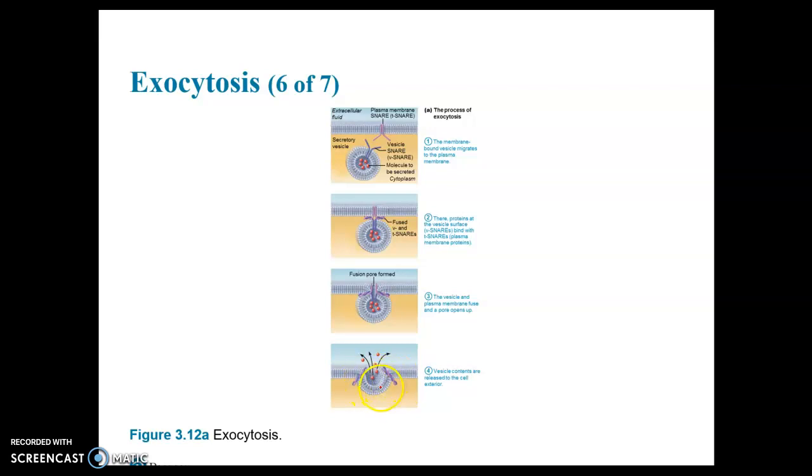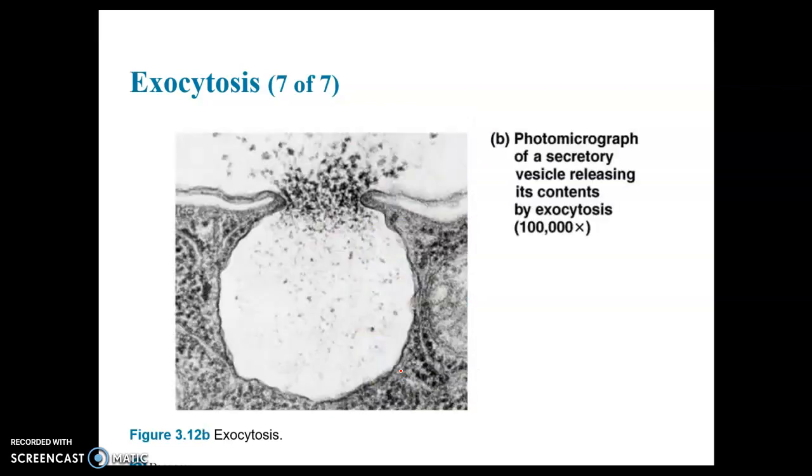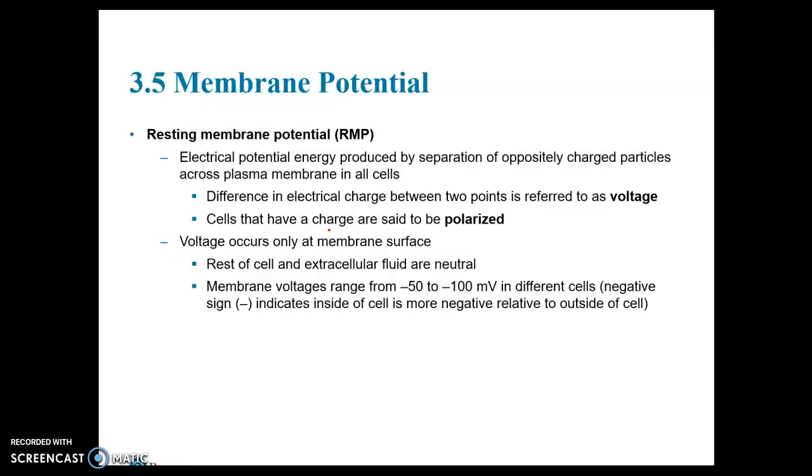And notice that the vesicle, which was formed had a phospholipid bilayer, is now fused with the plasma membrane and becomes part of it. This is just a microscopic image of exocytosis with material being released outside the cell.